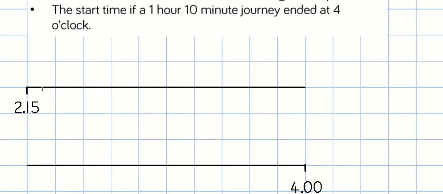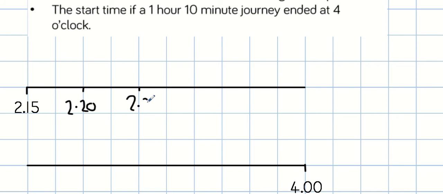Here on my number line, I've drawn a number line and it starts with 2:15. I'm only going to go up 5 every time. So I've got 2:20, 2:25.